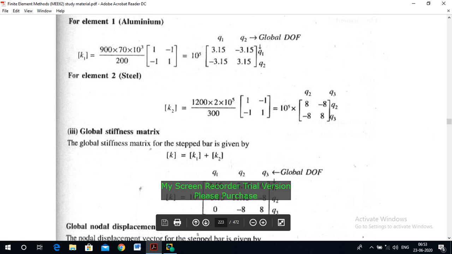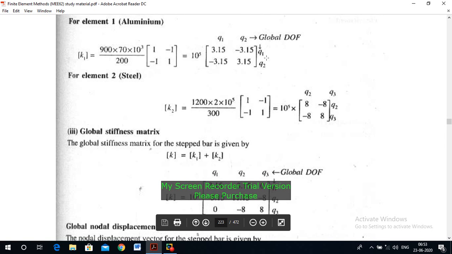Therefore the element corresponding to row 1 and column 1 is 3.15. Next, we need the element corresponding to row 1, column 2.